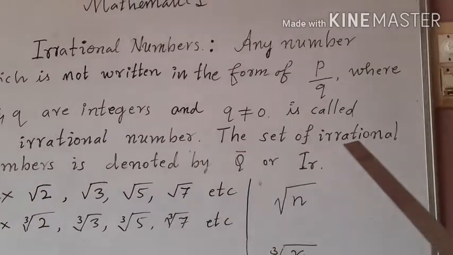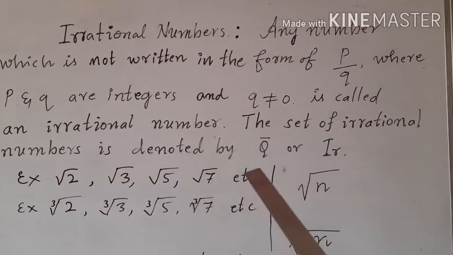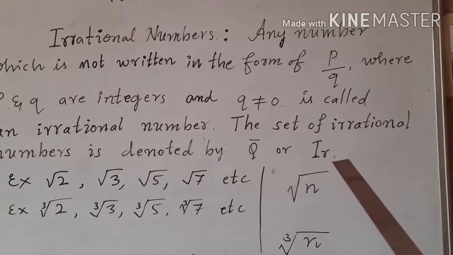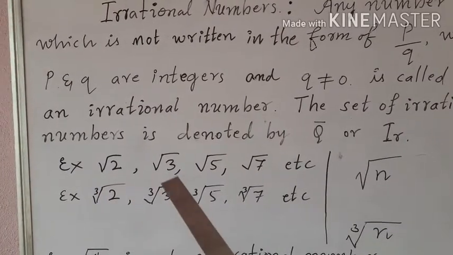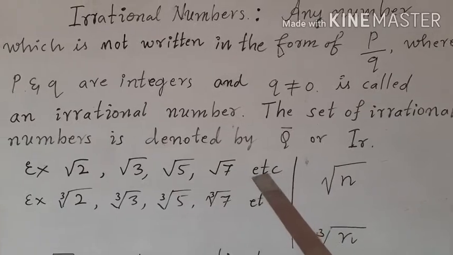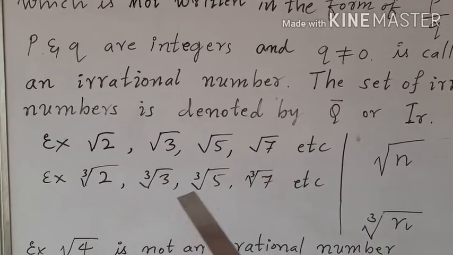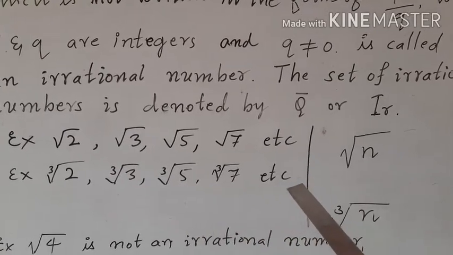The set of irrational numbers is denoted by Q bar or IR. Examples are root 2, root 3, root 5, root 7, etc., and cube root of 2, cube root of 3, cube root of 5, cube root of 7, etc.